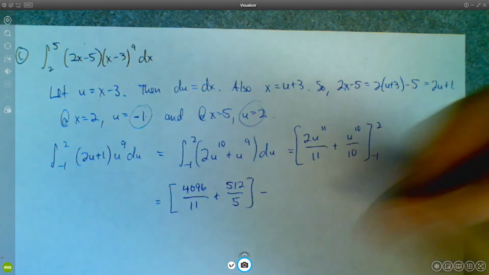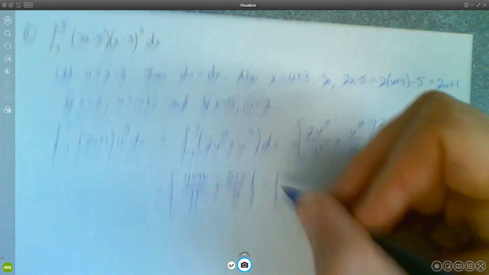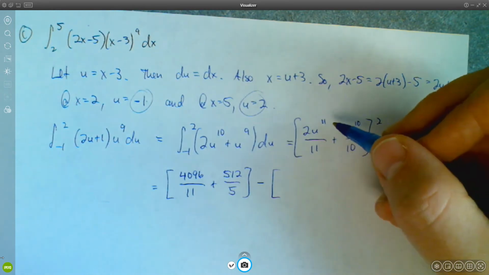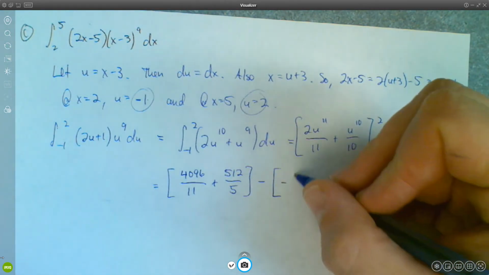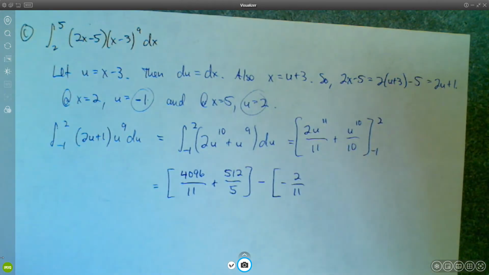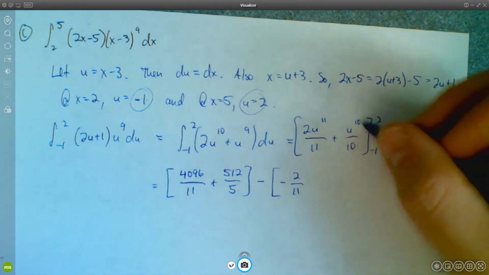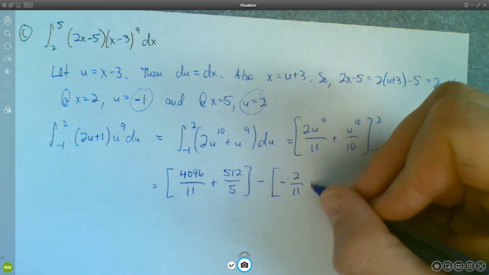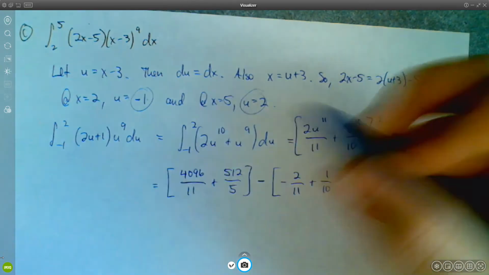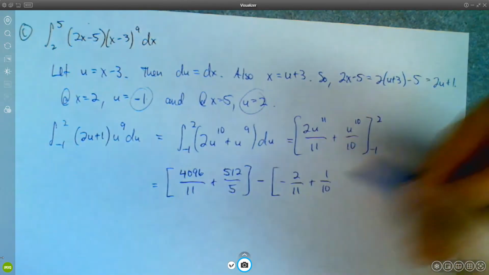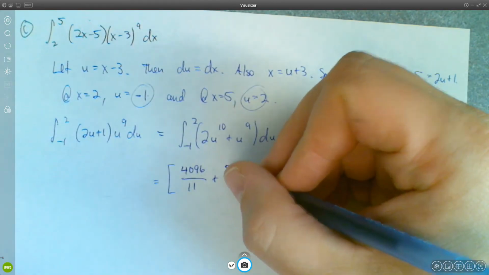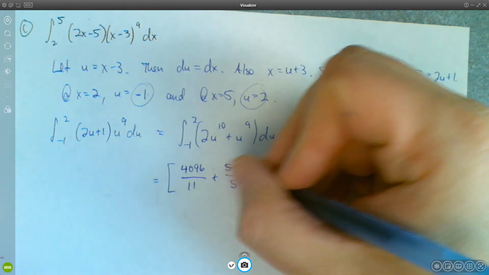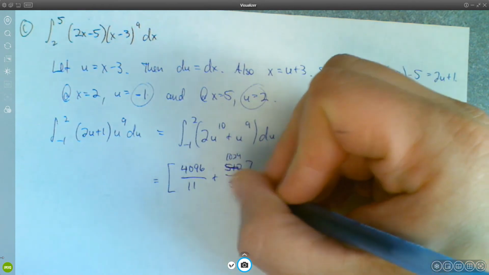If I plug in negative 1, negative 1 to the 11th power is negative 1. Negative 1 times 2 is negative 2, so I get negative 2 elevenths. Negative 1 to the 10th power is a positive 1, so I'm going to get plus 1 tenth. So I suppose maybe if I had left that as a denominator 10 instead of simplifying, I could have called this 1024 over 10.